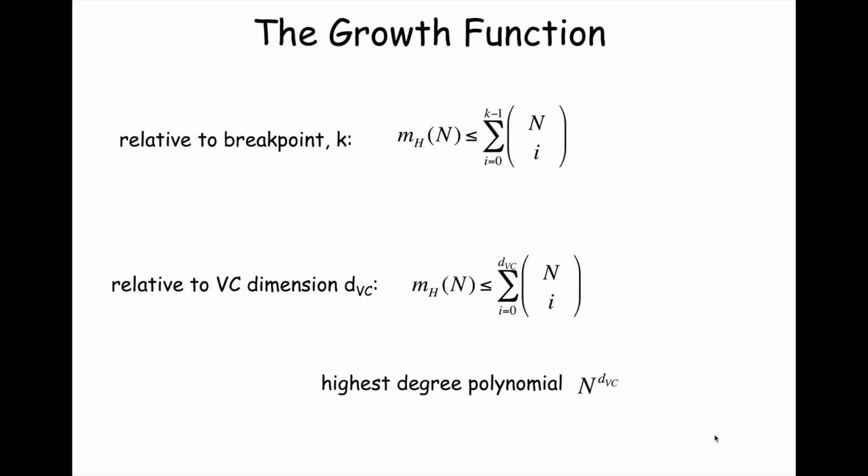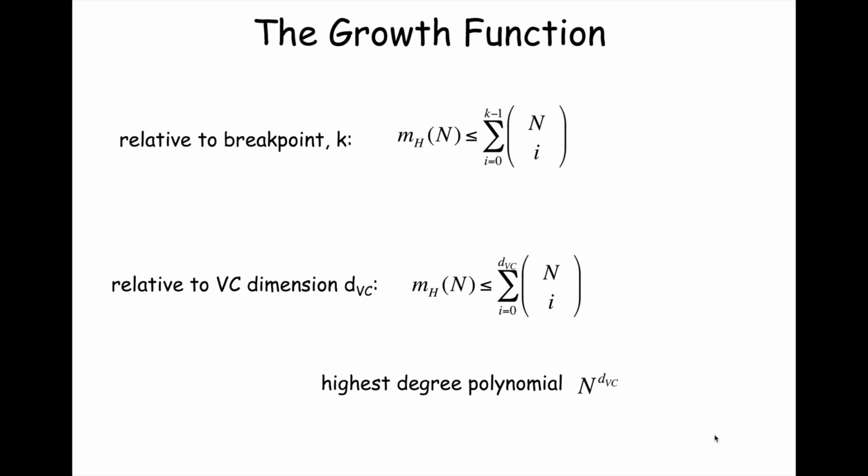So relative to the breakpoint, when we made that polynomial approximation that bounds the growth function from above, we had the following expression. We said the growth function m_H for a data set of size n is at most the sum for i goes from 0 to k minus 1 of n choose i. Now, we said the VC dimension is 1 less than the breakpoint.